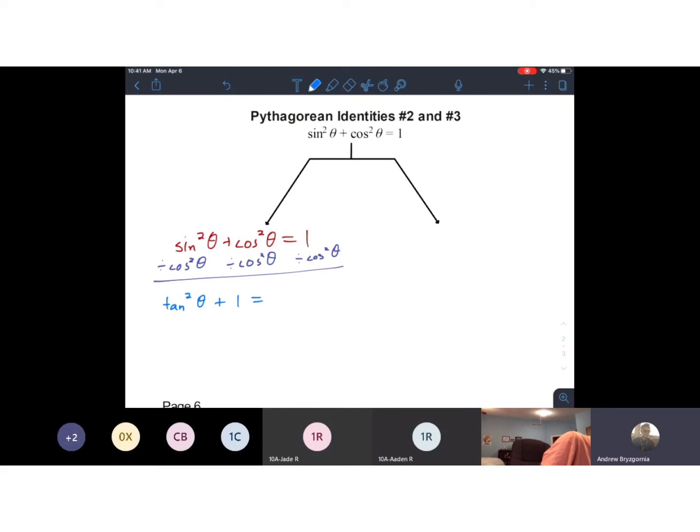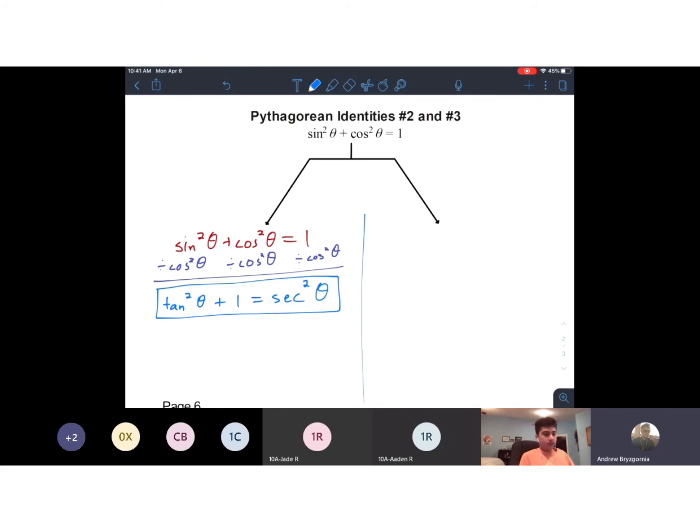And now the last part, what is 1 over cosine squared? Secant. How many secants? 2. So there you go. There is the second Pythagorean identity. Tangent squared plus 1 equals secant squared.